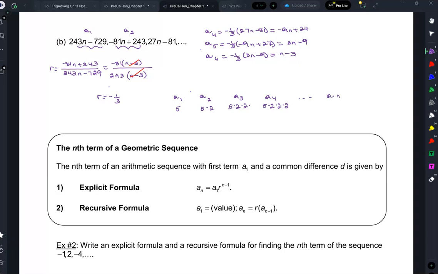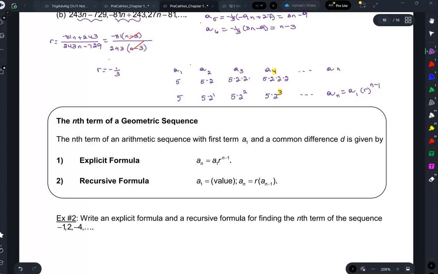Here I have 5, 5 times 2 to the 1, 5 times 2 squared, 5 times 2 cubed. And you notice that it's always 5 times 2, and 2 is your R, to the power of n minus 1. So A sub n will be A sub 1 times R to the power of n minus 1. And that is the explicit formula for these.